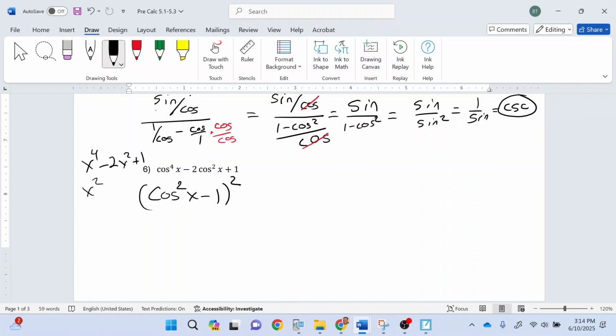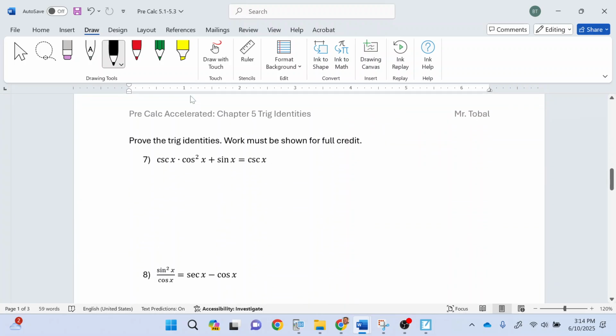Because this would be x squared minus 1 twice, so that'd be squared. Well, cosine squared minus 1, that is sine squared, so sine squared. So sine squared squared is sine to the 4th. Again, there's multiple routes to figure out the answer.